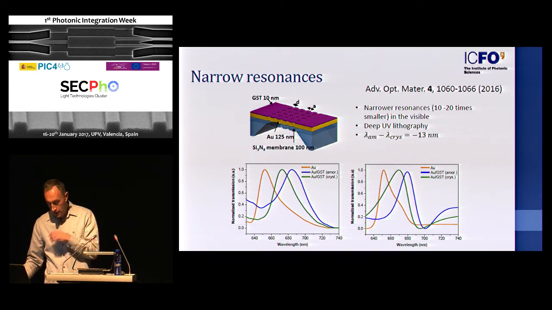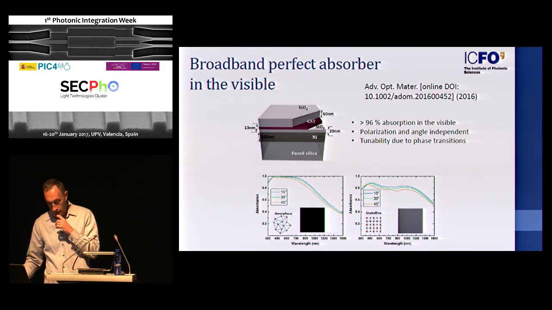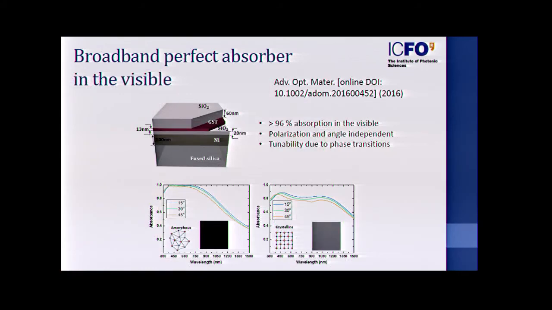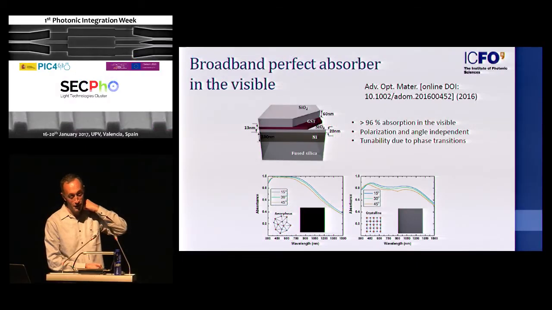And then you can make narrow resonance devices. You can even think of combining with metals to make perfect absorbers, meaning materials which are very black. This is a picture, right? By the way, of course, I didn't do all this work. My students did this work, in collaboration with many people.